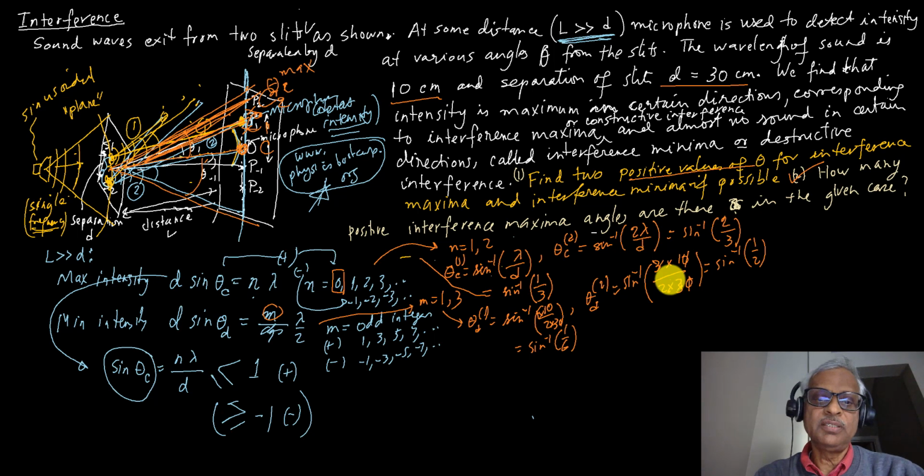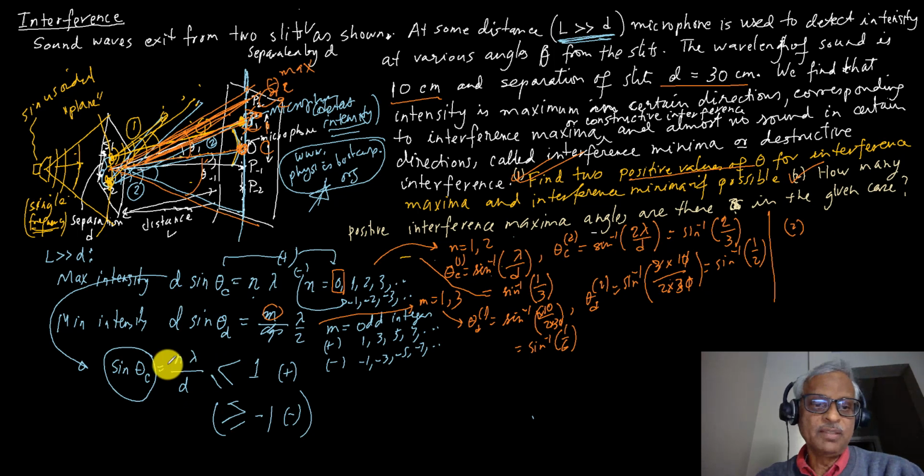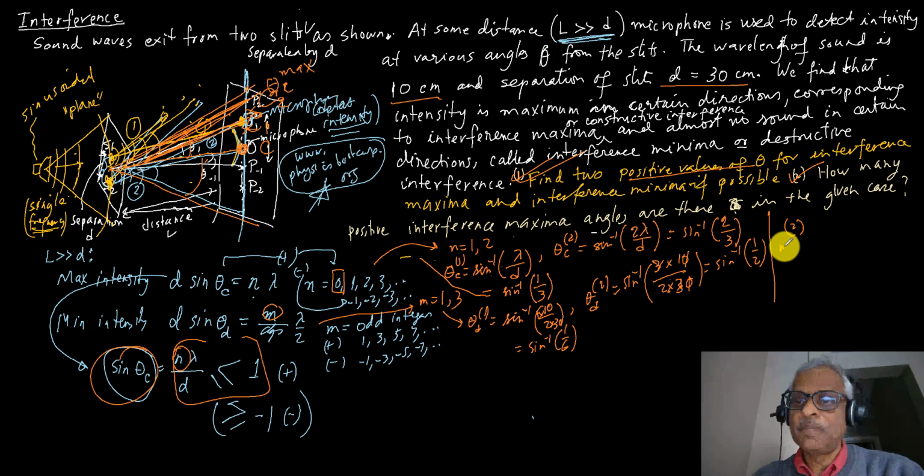So this solves part 1, these two, and you can just plug into a calculator and get angles. To solve part 2, I just said this has to be less than or equal to 1. So that will be n max. So n max has to be less than or equal to d over lambda.